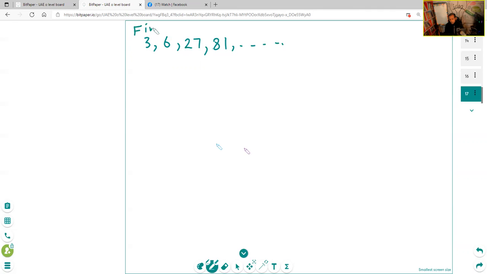Find the nth term of the sequence. Can you find the nth term of this sequence?